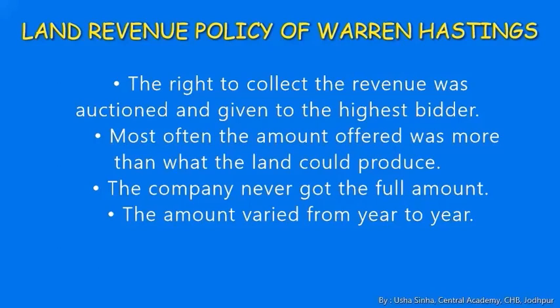Now, most often, the amount offered by the particular person was more than what the land could produce. Hence, they could not get the full amount, and since the amount varied from one year to another, the company's income was also not stable.